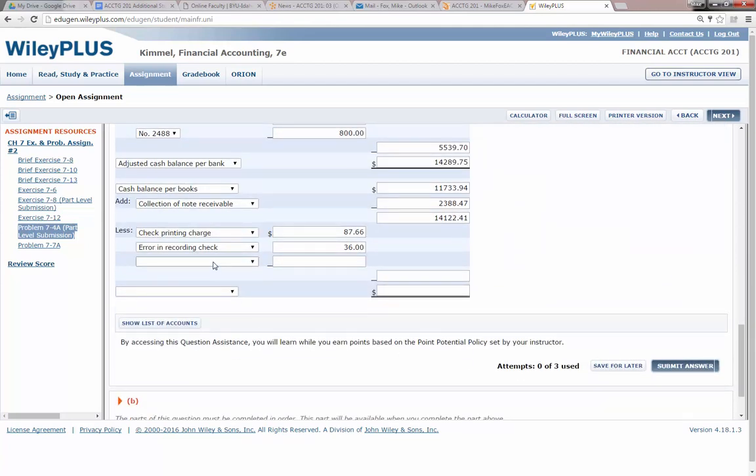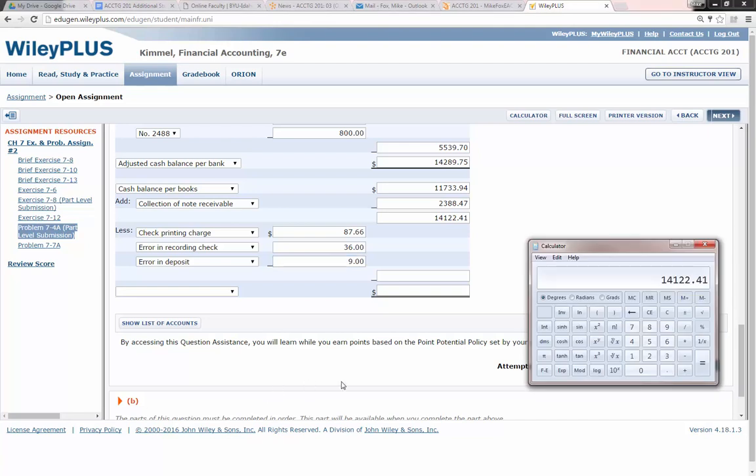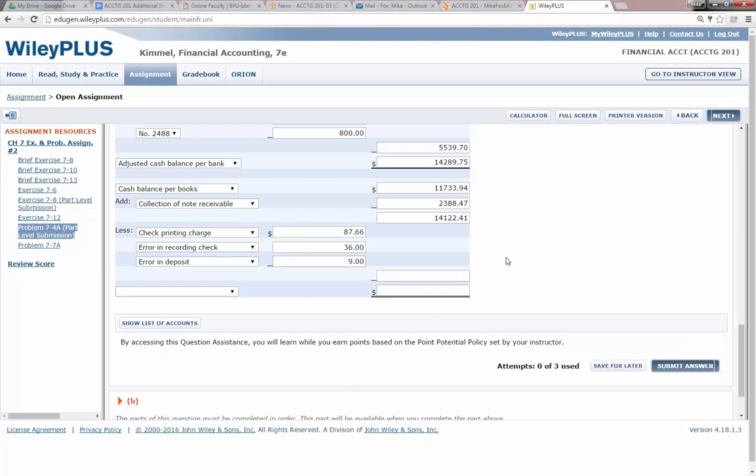So we're going to put error in recording deposit. And we're going to subtract $9. So our total here, double check that.